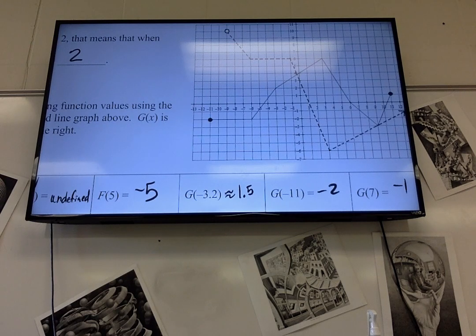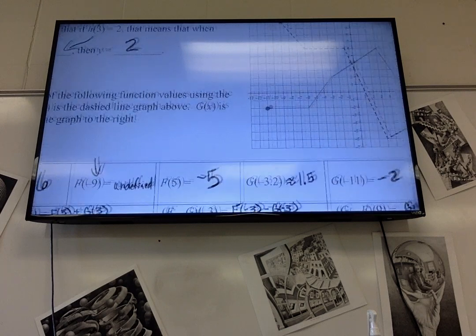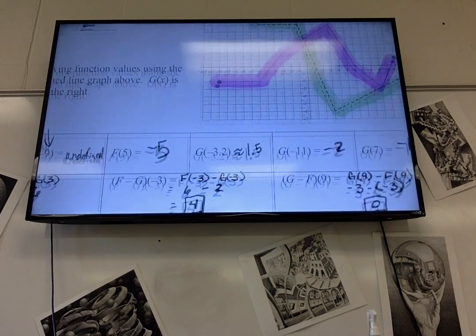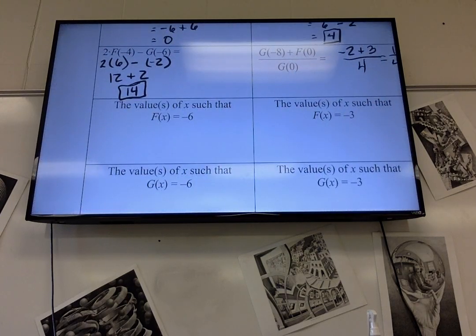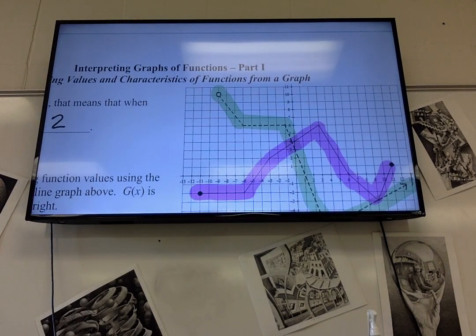Okay. So again, f of x is the dotted one. I had that green. And g of x, we labeled as pink for mine. All right. So we're looking for f of x equals -6. F of x is the green one.